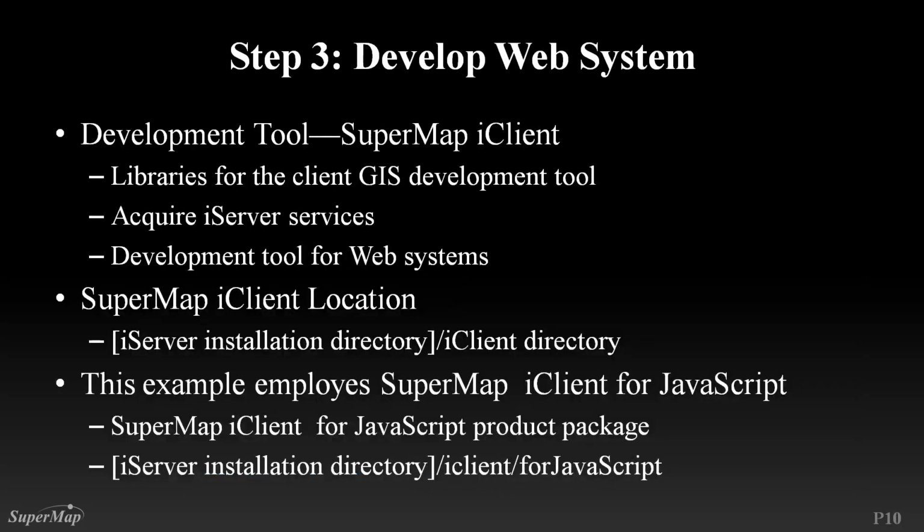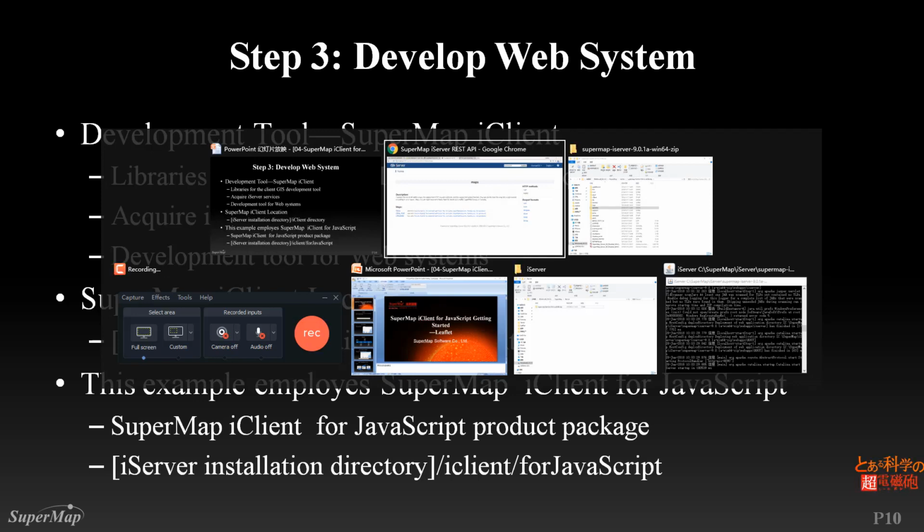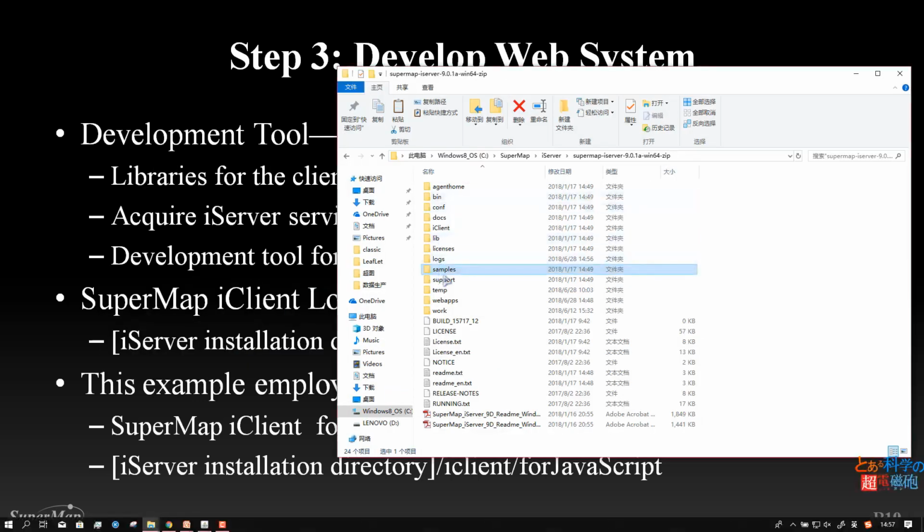Now we enter the third step, develop the WebGIS system. We will use the SDK included with SuperMap iServer, which is SuperMap iClient. The development tool packages are placed under the iClient folder in the iServer installation directory.